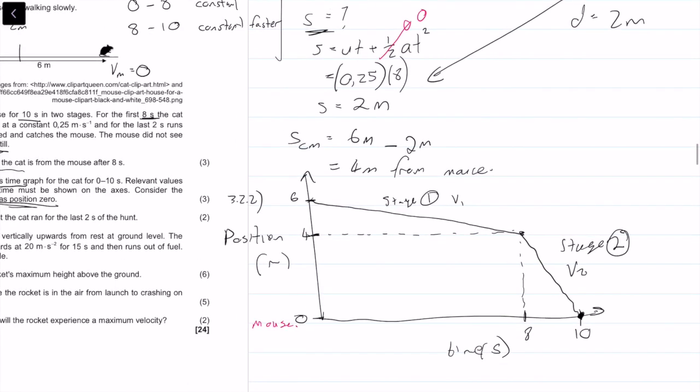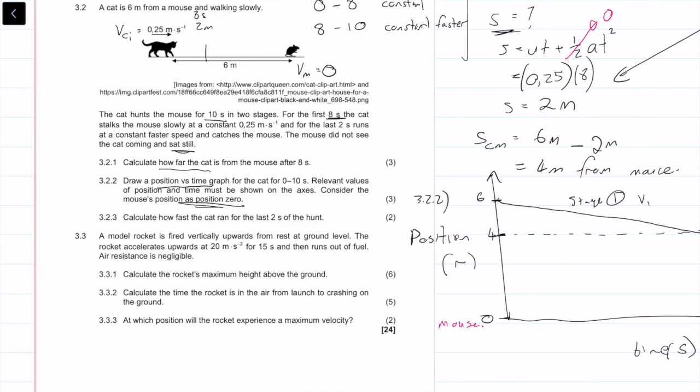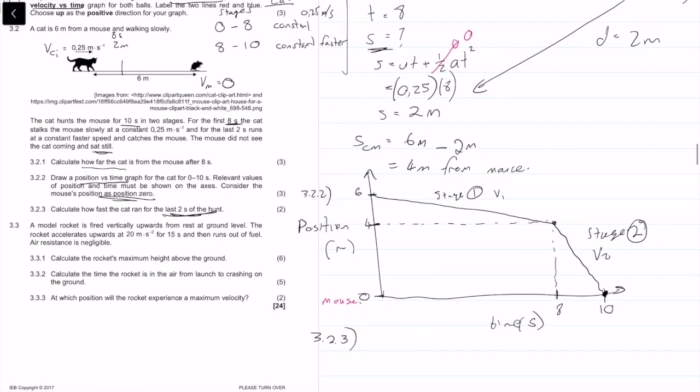Okay, cool stuff. So now for question 3.2.3, calculate how fast the cat runs for the last 2 seconds. So for the last 2 seconds, how fast is he running? I'm just going to use the simplest method, which is speed equals distance over time, considering that we know it is a constant velocity question.